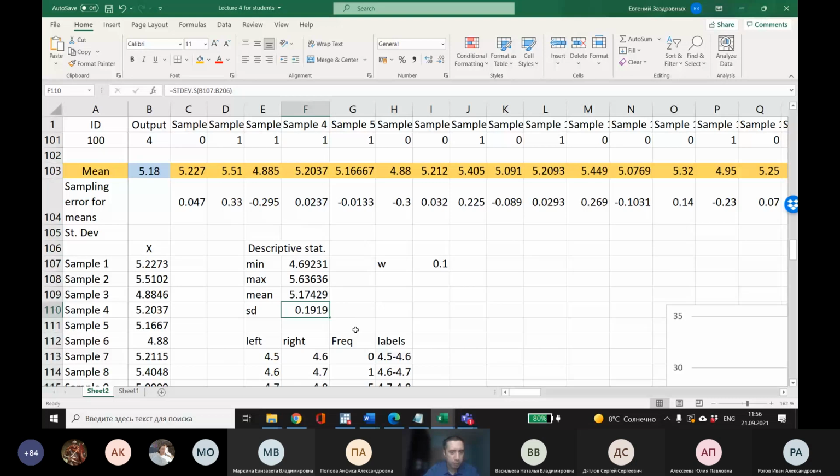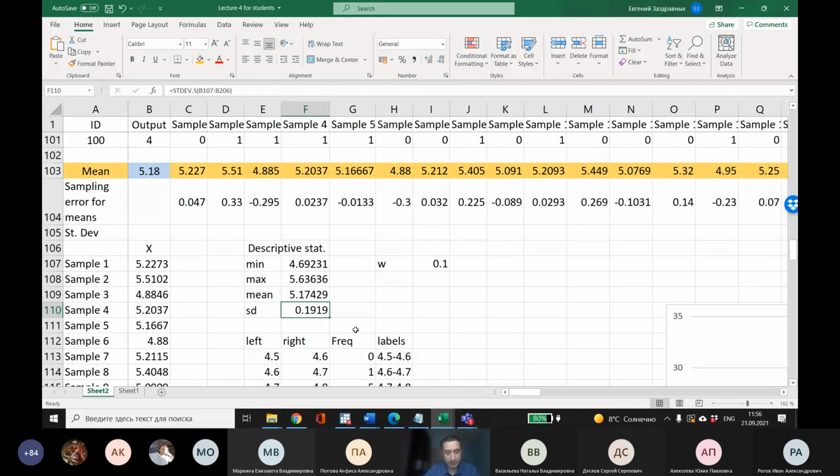Look, our minimum and maximum for sure are different from the population mean. And the difference, by the way, could be even large, especially if your sample is small. If your sample is large, this difference should be small.